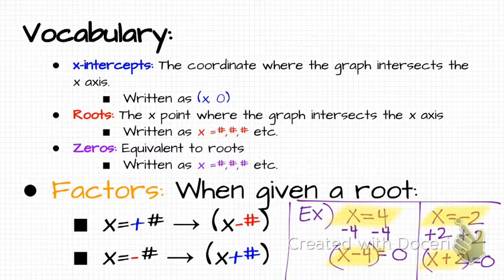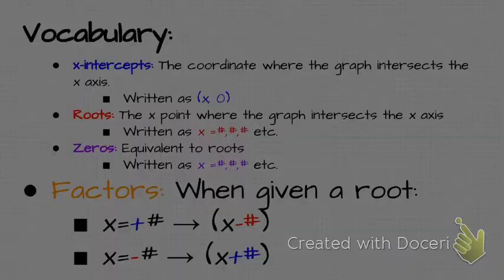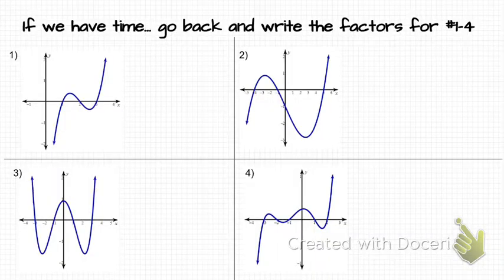I'll do the first one with you. All right, so on the first one, as a reminder, our x-intercepts were 1, 2, and 3. So when we write the factors, we're going to do the opposite signs. It will be x minus 1, x minus 2, x minus 3. But make sure you write it like this. We're going to say these are the factors.